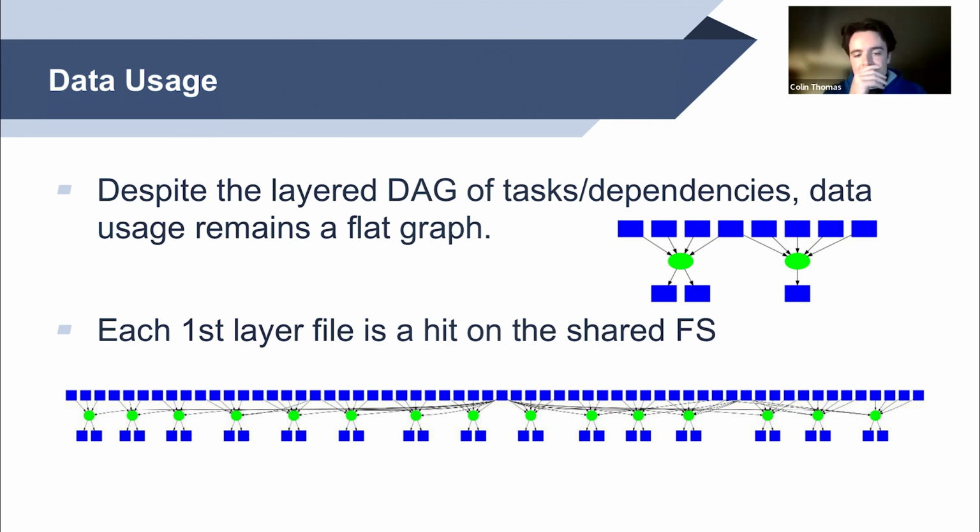We're running a task, producing a file, and writing it back to the shared file system. The next task is going to read that out of the shared file system and produce its own file, and so on. And this sort of access pattern graph will just explode horizontally as you scale up your workflow.